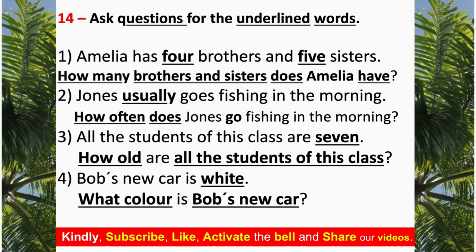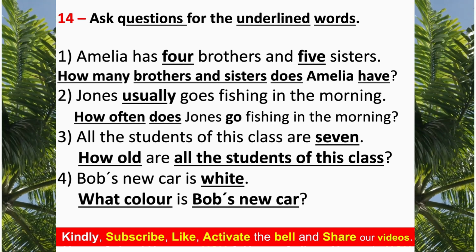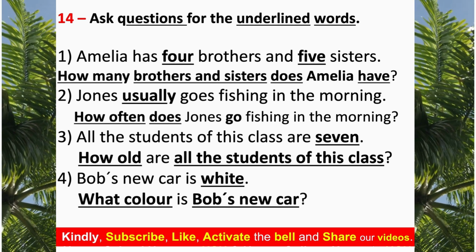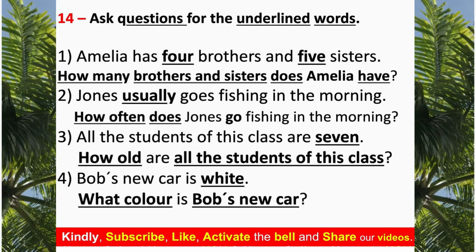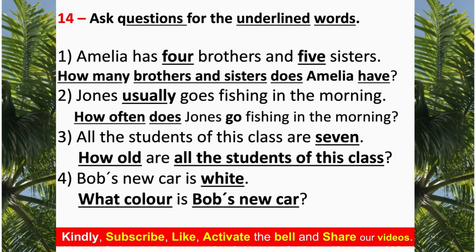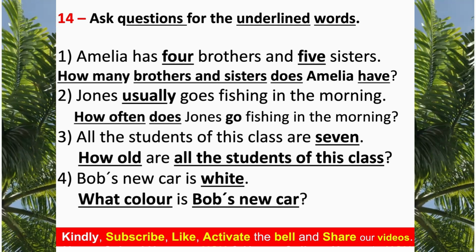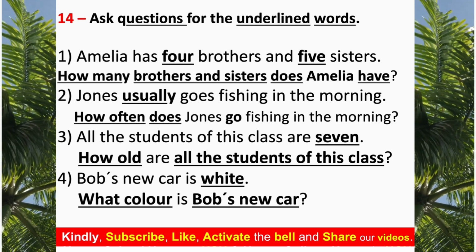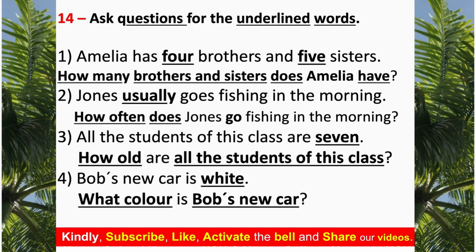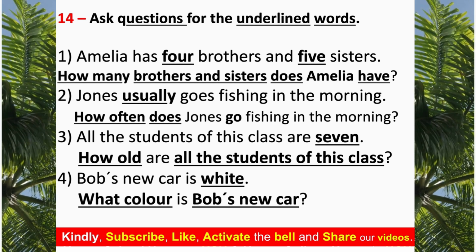Emilia has 4 brothers and 5 sisters. The question is a little bit difficult, because you are going to do many things in the same question. So the first thing you are going to write is how many. The second word: after how many we always use nouns in the plural form. So how many brothers and sisters? And because we have the verb has in the present simple, we need to put does.